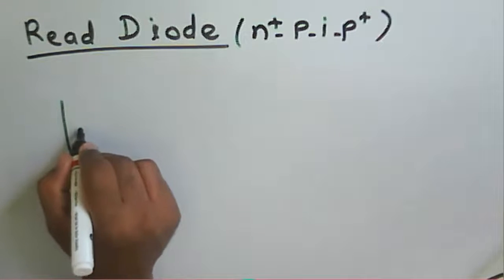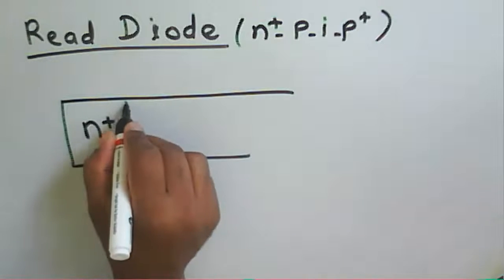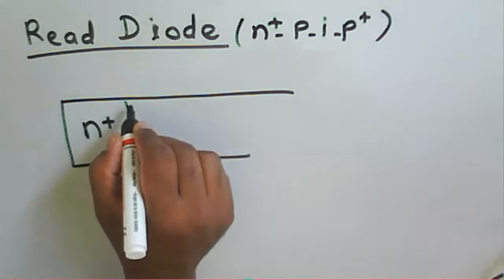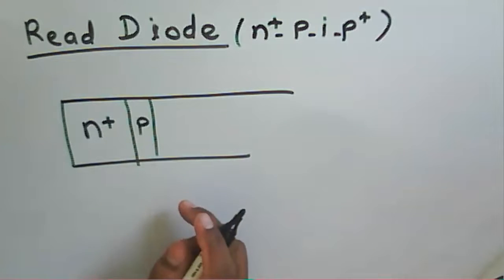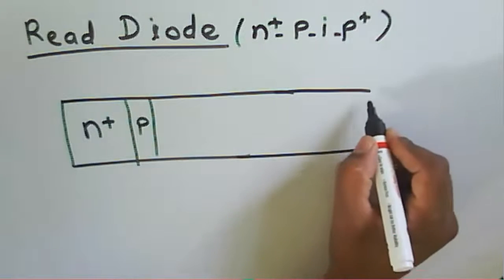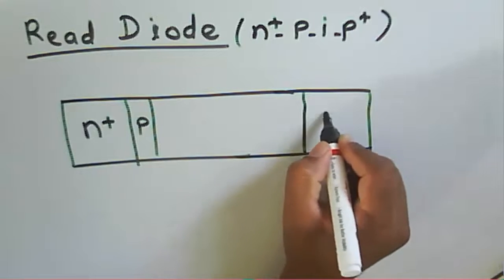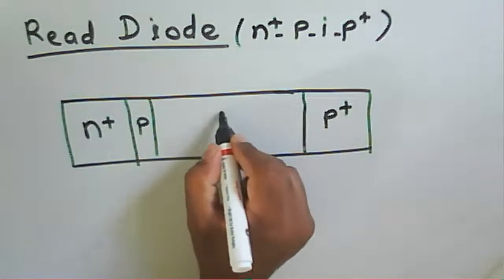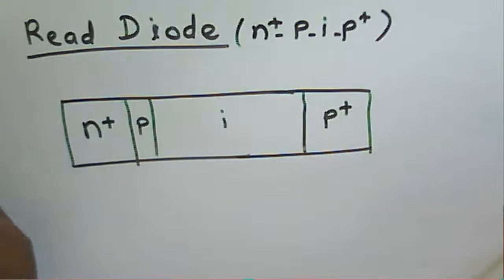The read diode structure has an n plus, then a thin layer that is a p, then a large layer that is the I layer, and then a p plus, the intrinsic region here.